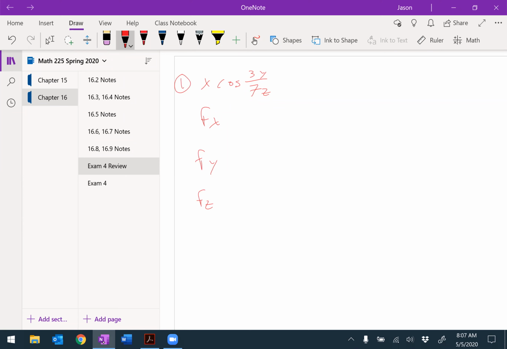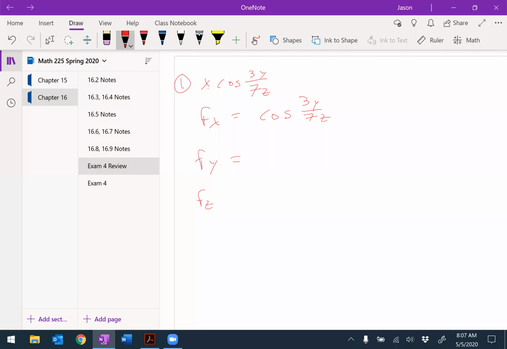Okay. So f sub x, we're just going to treat the cosine 3y over 7z as a constant. And when we take the derivative with respect to x, the x goes away, and we're just left with the cosine 3y over 7z. So that'll be my x component.